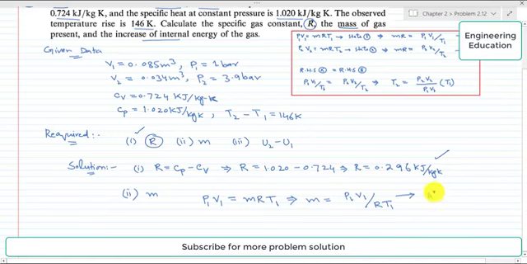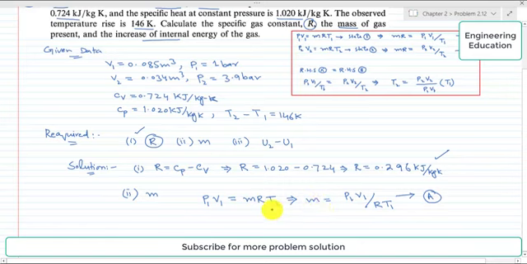Let's suppose this is expression A. Here P1, V1 and R are known to us, but the value of T1 is unknown. So first we will find the value of T1, and after that we will use that value in this expression, and then we are able to find the value of m.